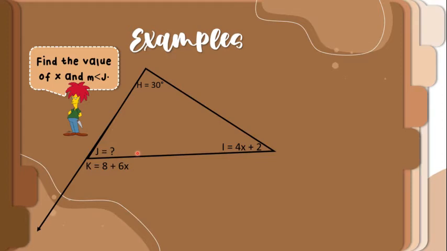Now, before having our solution, let us always first identify the names of the angles that we have in our figure. Angle H and angle I here are called the remote interior angles.